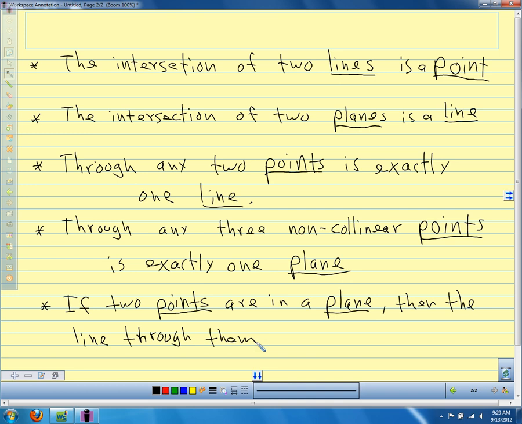If the 2 points are in a plane and we have a line through the points, where is that line?